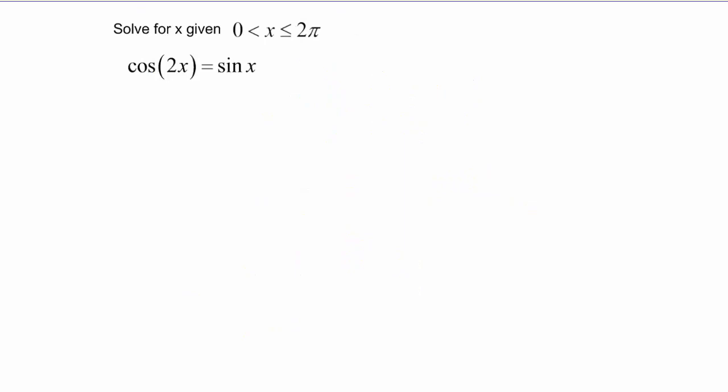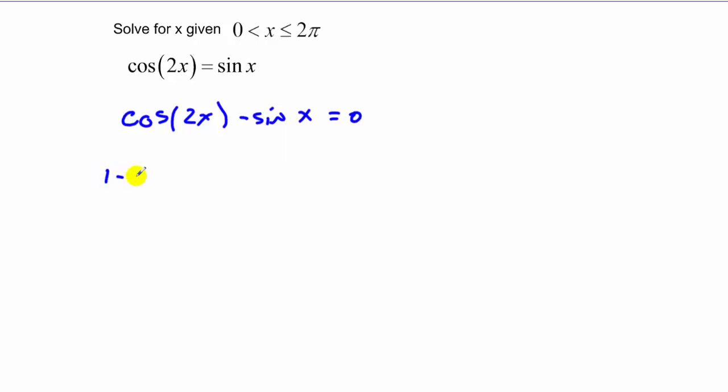Okay, so now we're going to solve for x given values for x between 0 and 2 pi. I know I have a sine in my problem. I'm going to take and, as always, try to set it equal to 0. And now, if I'm going to want to factor, I will probably need an identity for the cosine of 2x in terms of just sine.